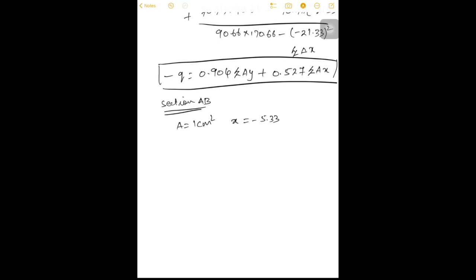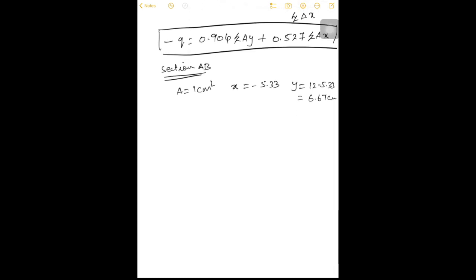It's in the second quadrant. The value of X from A is minus 5.33, and the value of Y is 12 minus 5.33, that is 6.67 centimeter. So Y value will be positive.